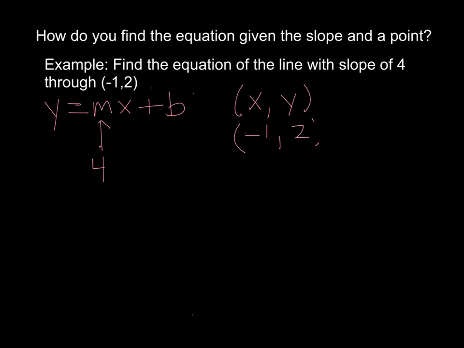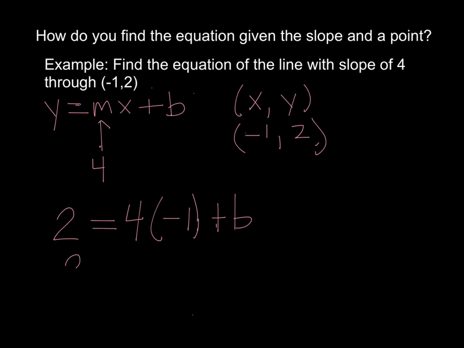So the only thing that we need to do in this particular case is plug each of these values in. So in place of y, I'm going to put this value here, 2. So I'm going to get 2 equals, our slope m is 4, our x is -1, and our b is an unknown, so plus b.